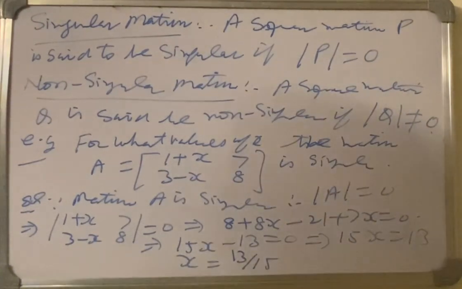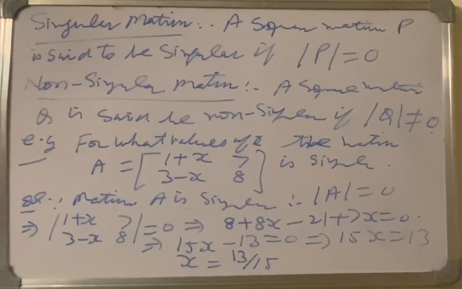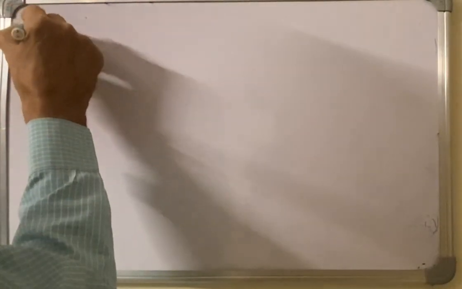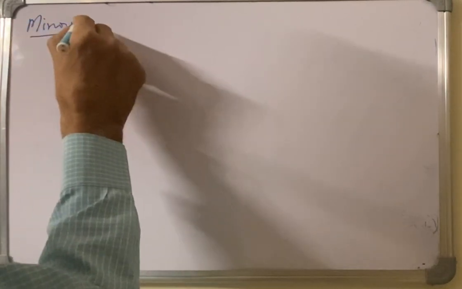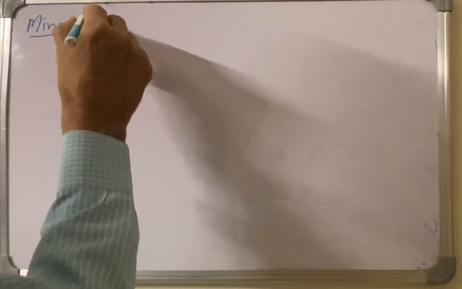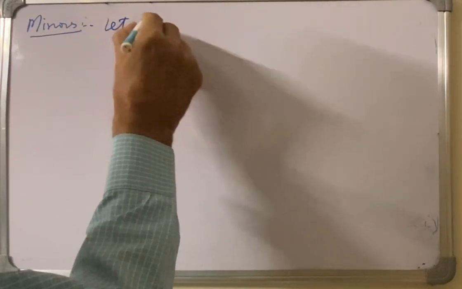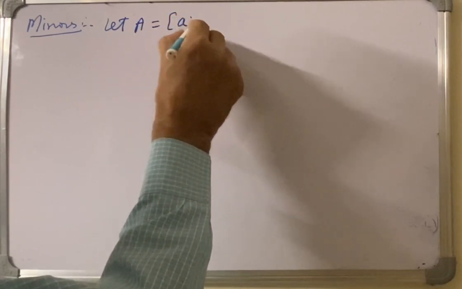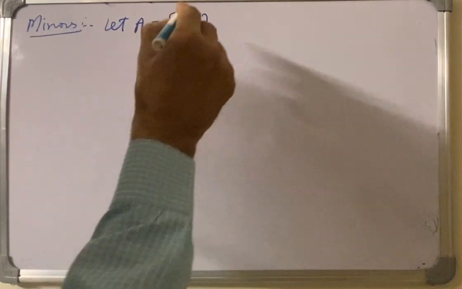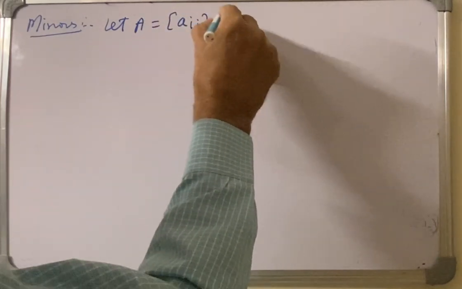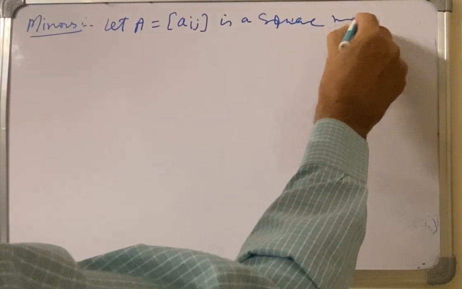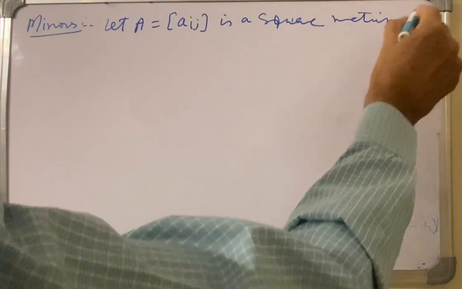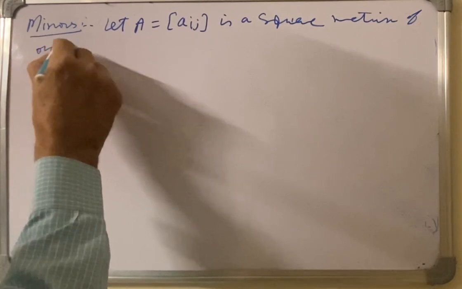Then we take minors. Let A is equal to Aij be a square matrix of order n.